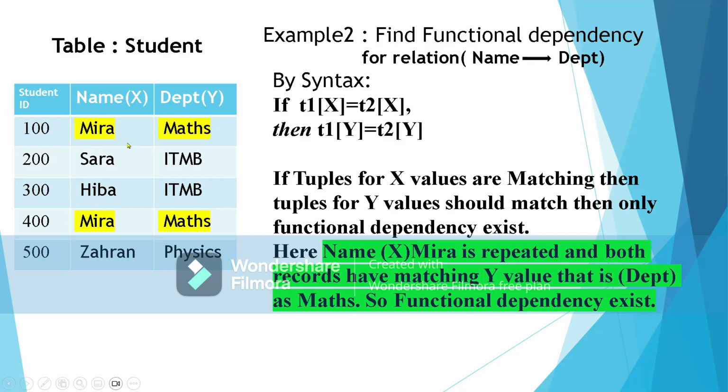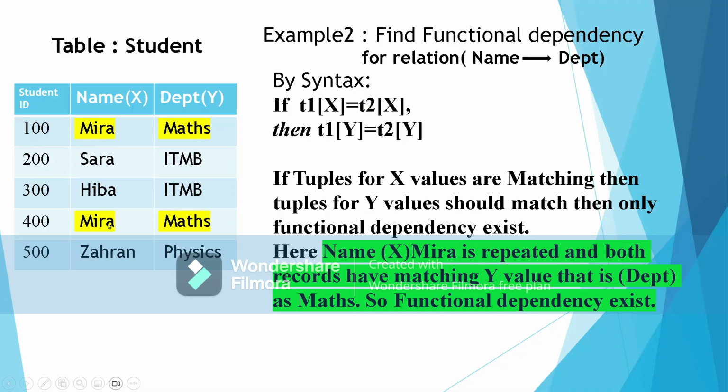If for these x values, y values are also matching, then we can say functional dependency exists here. So by using this syntax, P1 of x means the Mira name for student ID 100.